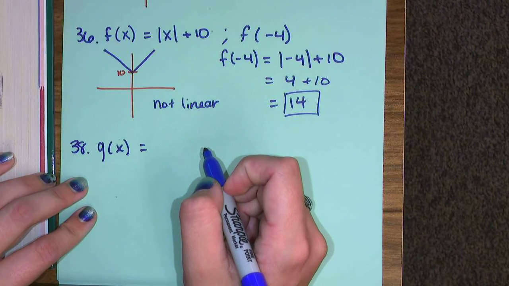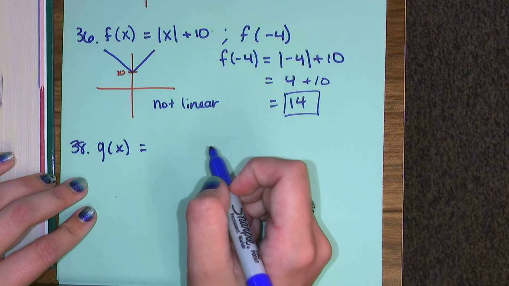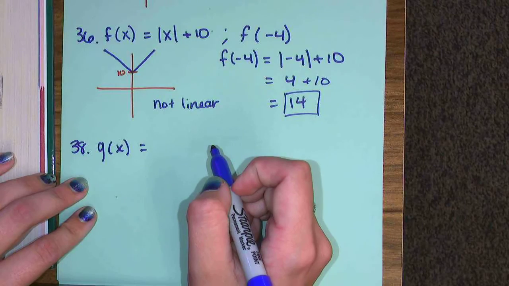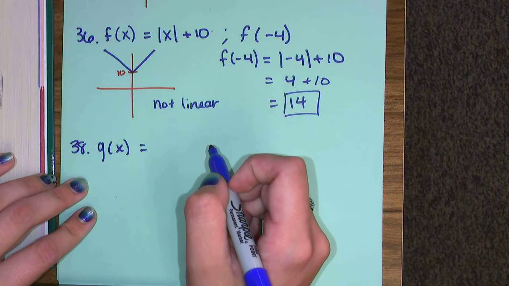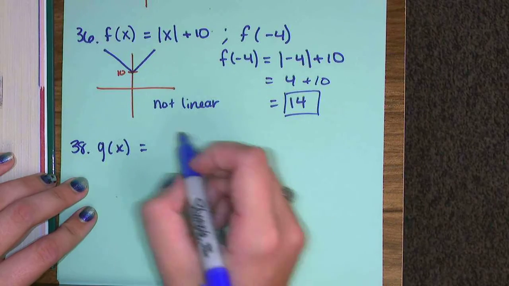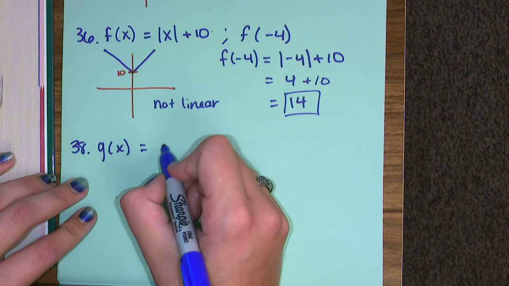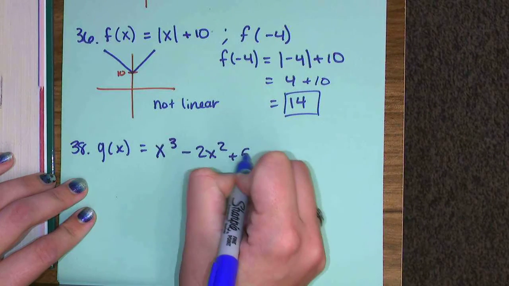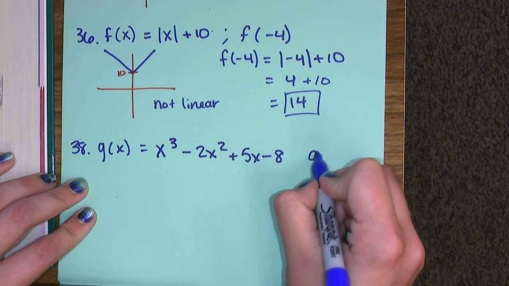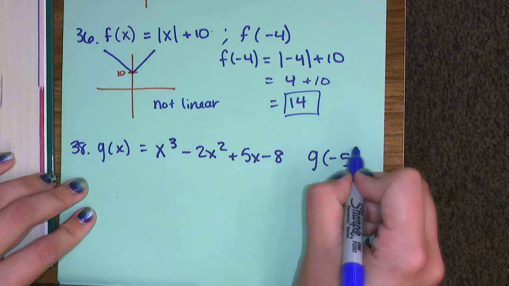It's just what math people have chosen. It can be anything. You can have t of x if you want, but the most common ones are f, g, and h. All right, g of x is equal to x cubed minus 2x squared plus 5x minus 8, g of negative 5.